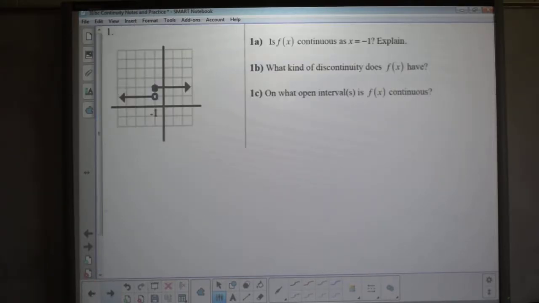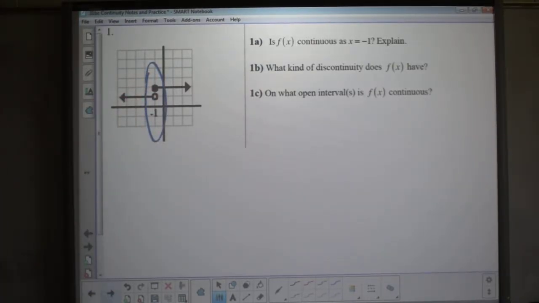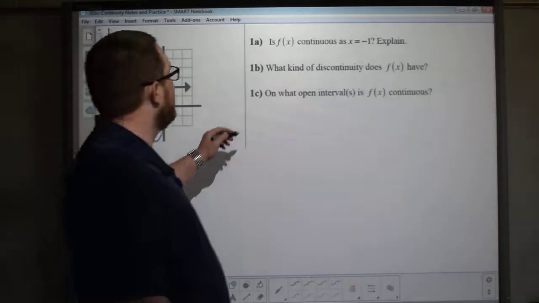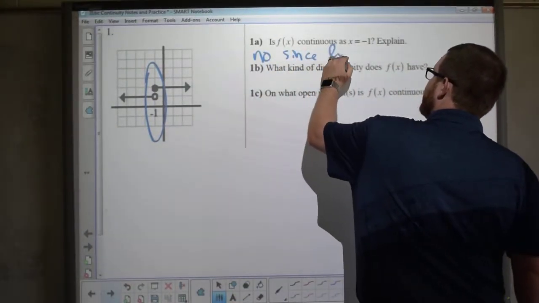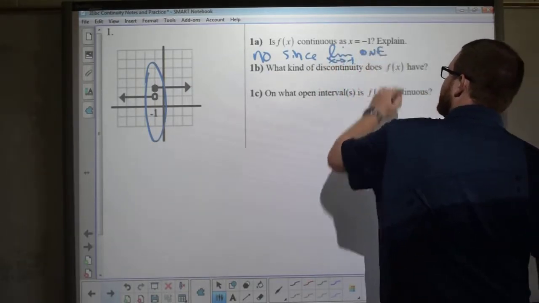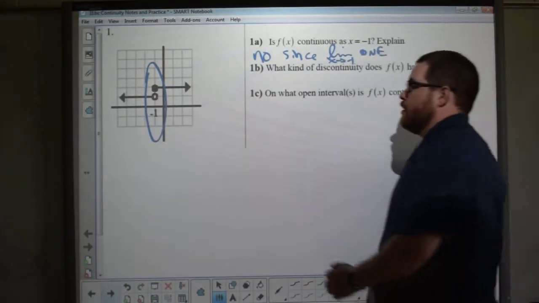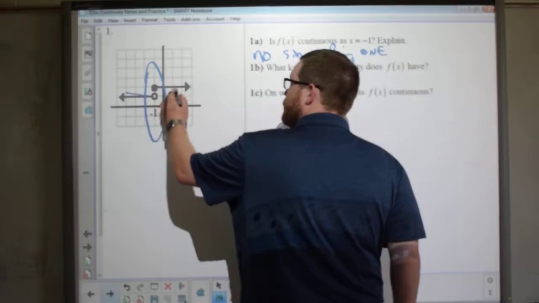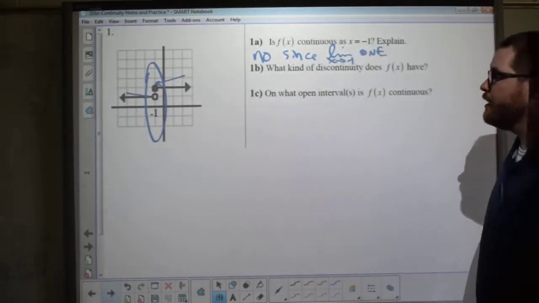Let's try a problem. It wants to ask about if x equals -1. Is it continuous? No, since the limit as x approaches -1 does not exist. The limit doesn't exist there because the function doesn't go to the same place. The left side goes to the hole, the right side goes to the dot. What type of discontinuity is it?